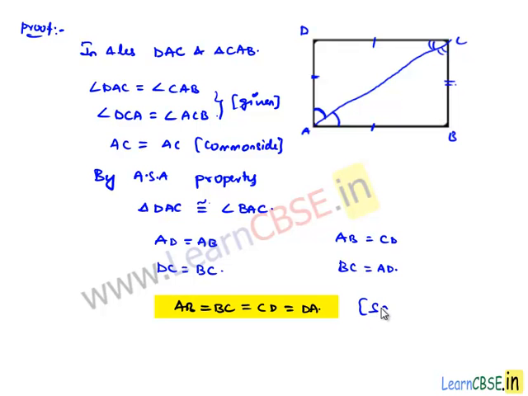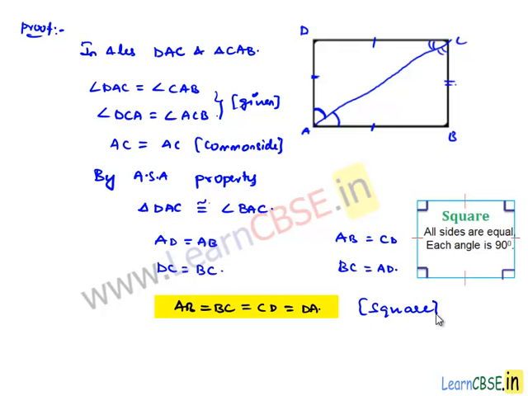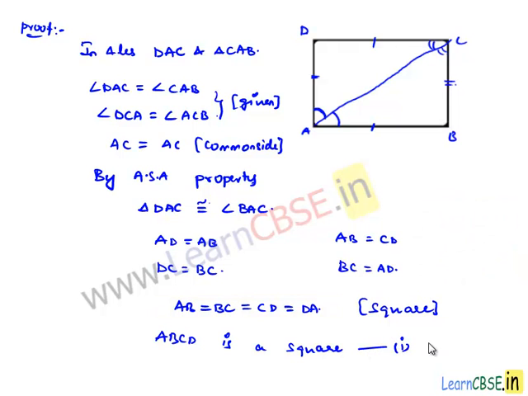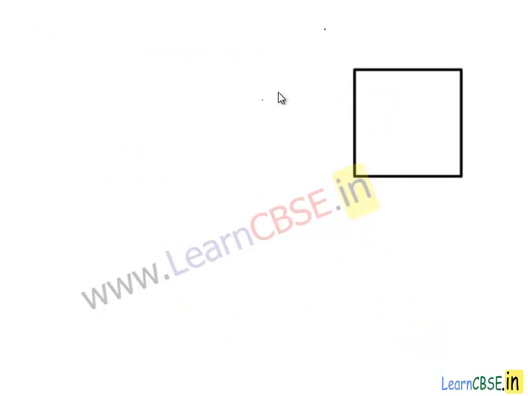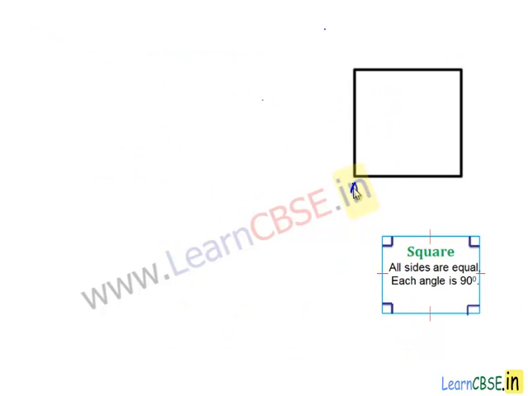So here the given rectangle will be a square. Therefore we can say ABCD is a square. This is what our first subpart of the proof required. Here we proved that ABCD is a square.